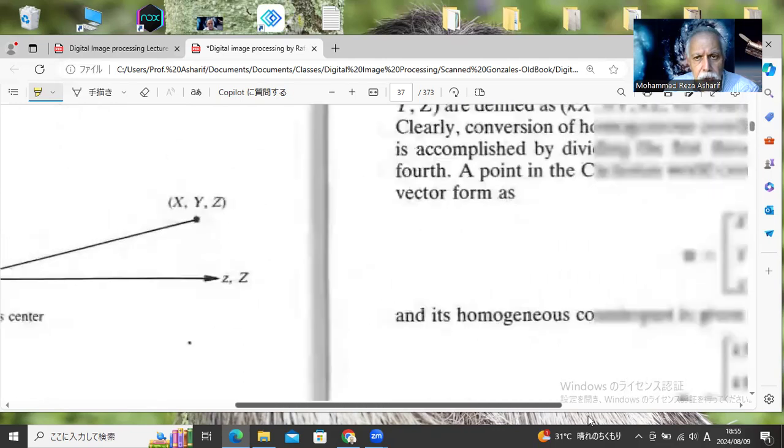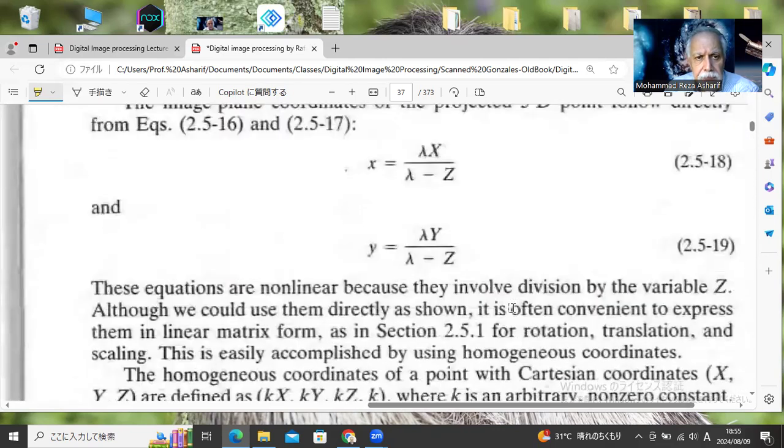So these two equations are important here. These equations are nonlinear because they involve the division by the variable z.